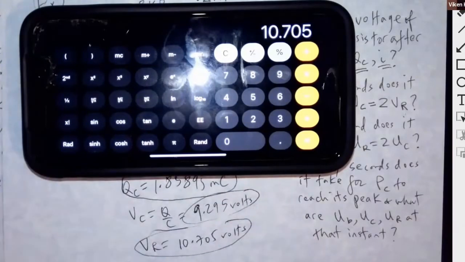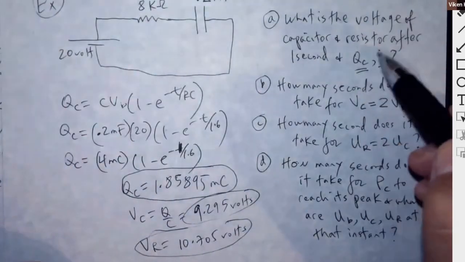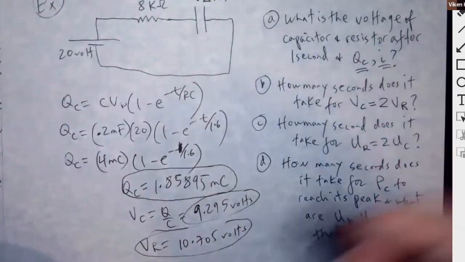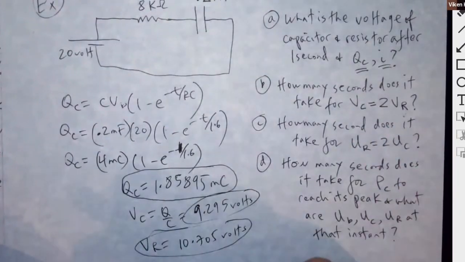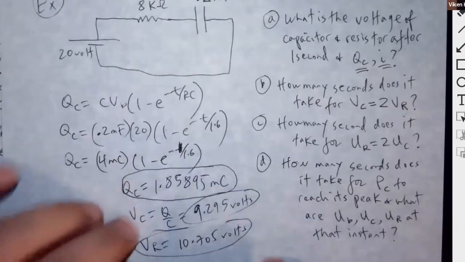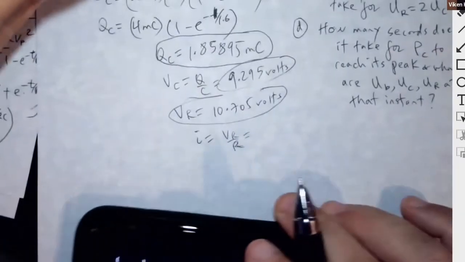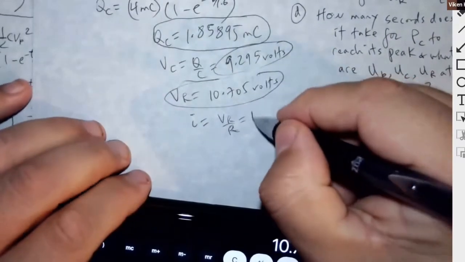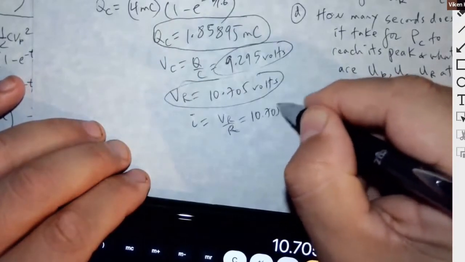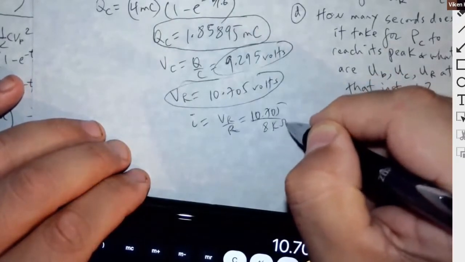So one of them is going down, one of them is going up, right? The voltage of the capacitor is going up. So then once you know the voltage of the resistor, then you could figure out the current, right? Voltage of the resistor divided by R. 8 kilo ohms.